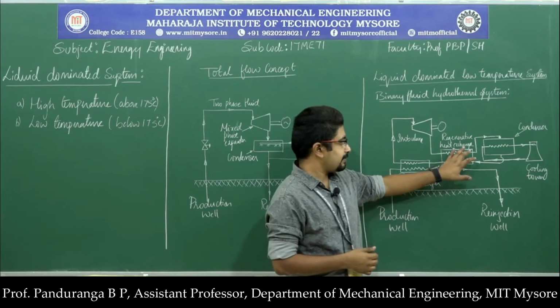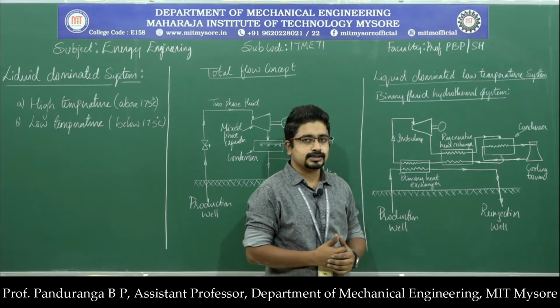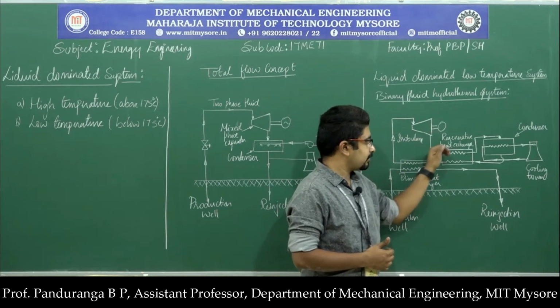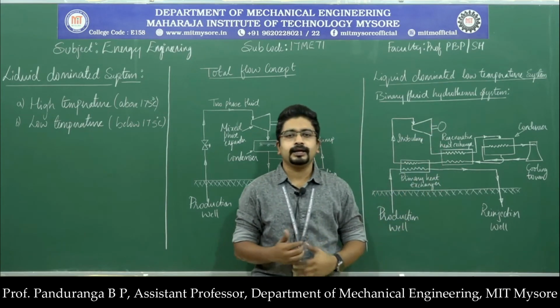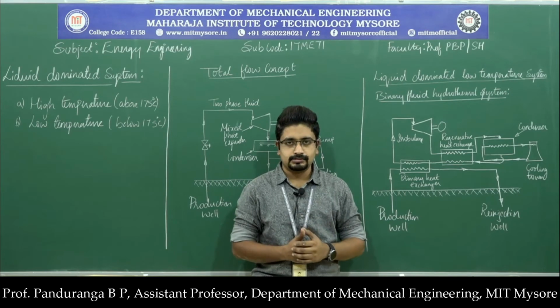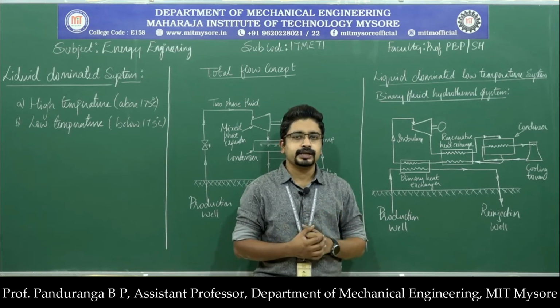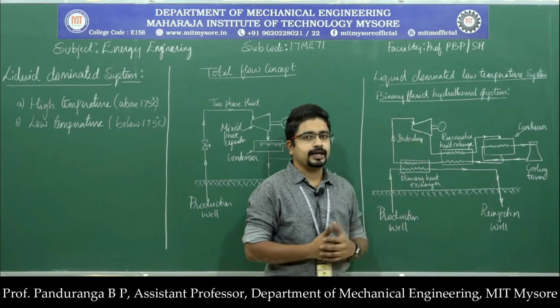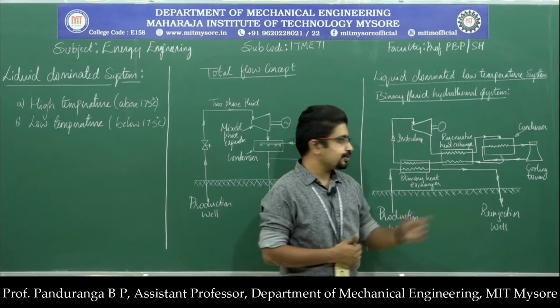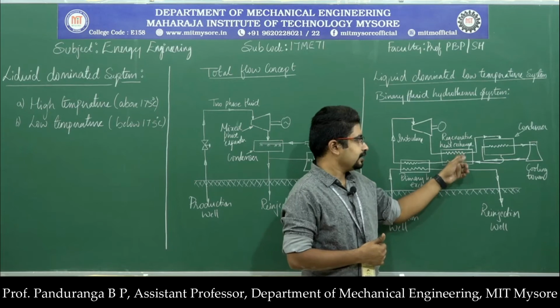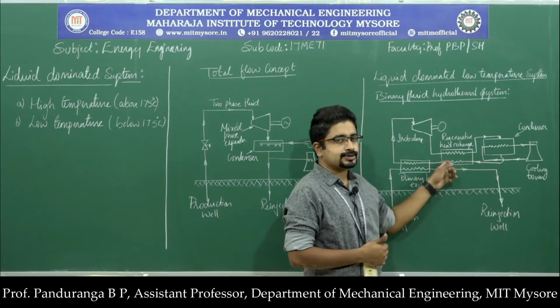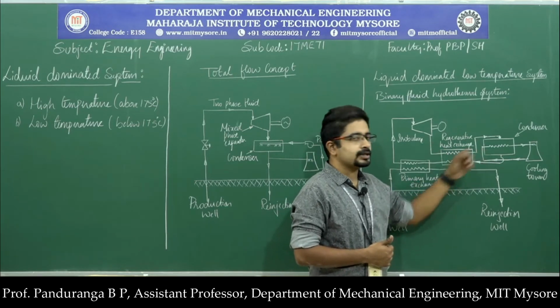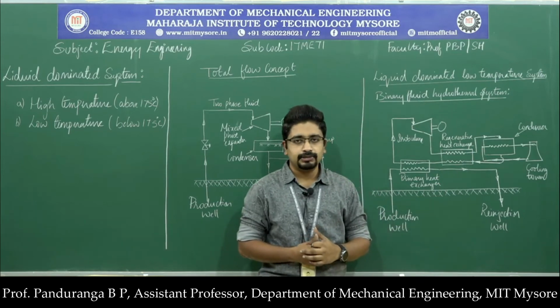What is happening in the regenerative heat exchanger is that the isobutane coming out of the turbine will be at a slightly higher temperature. So we can still use the heat energy available in that, but that cannot be utilized in the turbine. So we allow heat exchange between the liquid isobutane and the vapor isobutane coming out of the turbine.